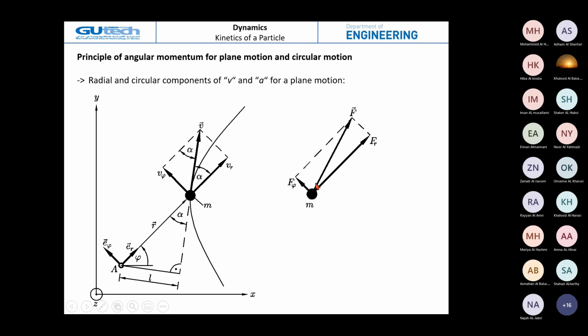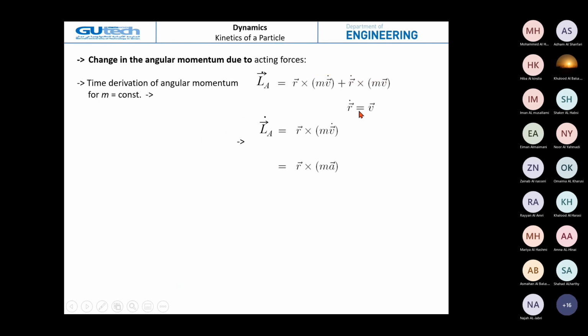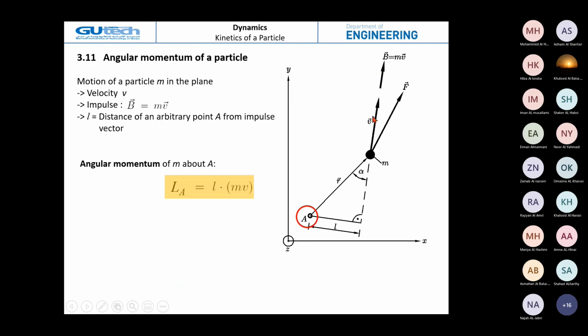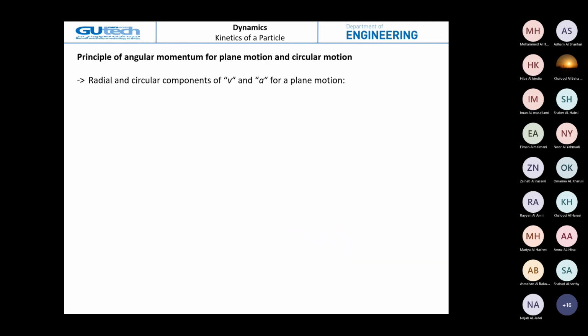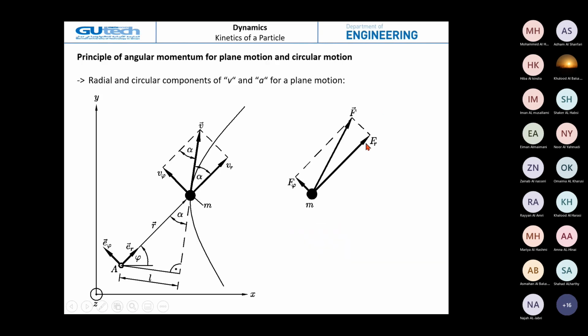The same principle we use for the force F. If you remember, we have the velocity v and the force F acting on the mass m. F has two components, or two representations: F radial and F circumferential.